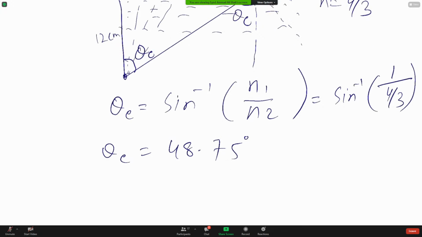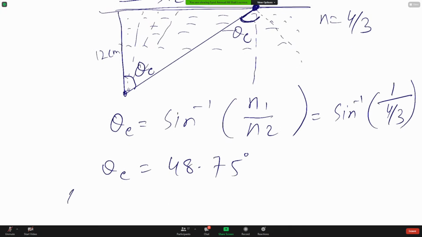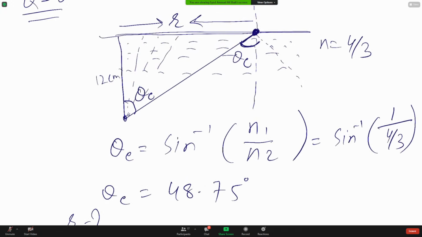So now our target is to find r. What would be r? Can you tell me in terms of the angle, in terms of trigonometry, if I divide r by 12?